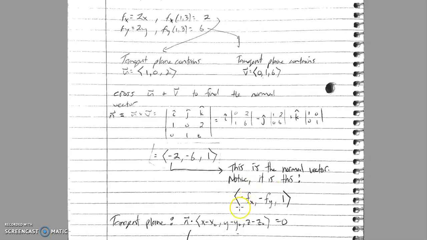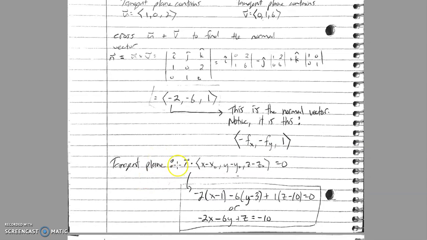So what I want you to notice is that this is negative f sub x, comma, negative f sub y, comma, 1. That came up at the end of the last lecture and is what the beginning of the first lecture you're going to watch today is all about. So that is important, and it's not a coincidence that these show up like that with that 1. So that's the normal vector.